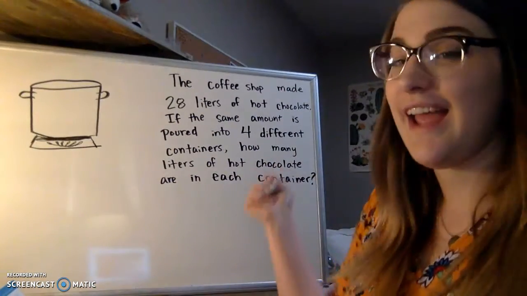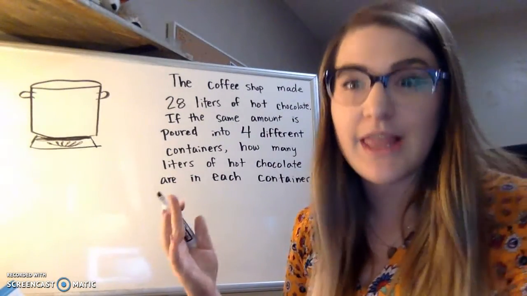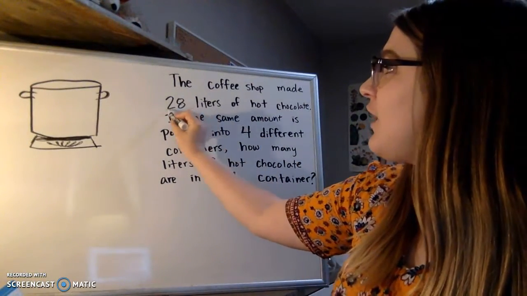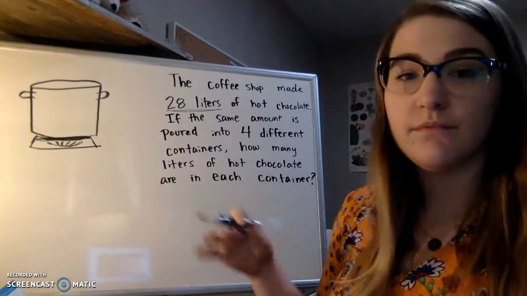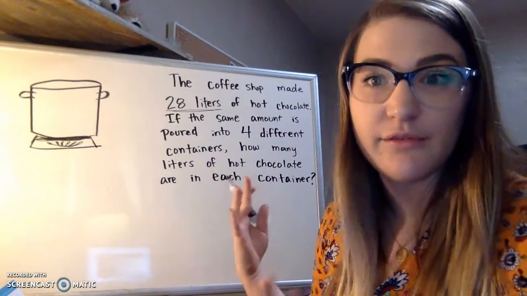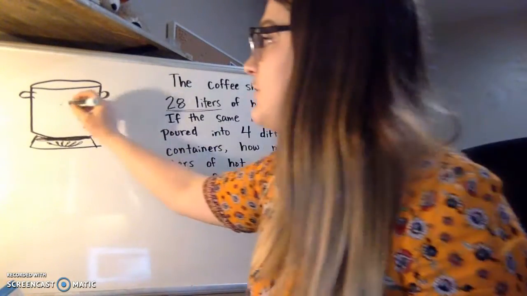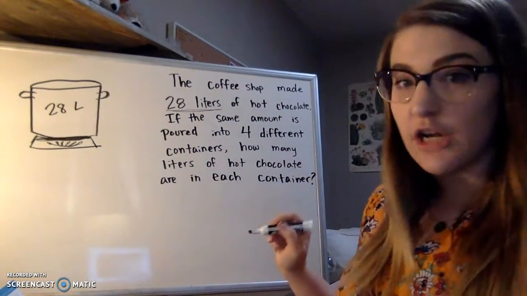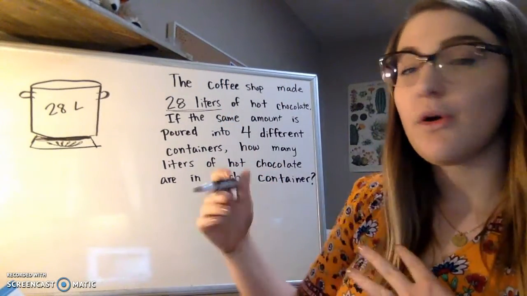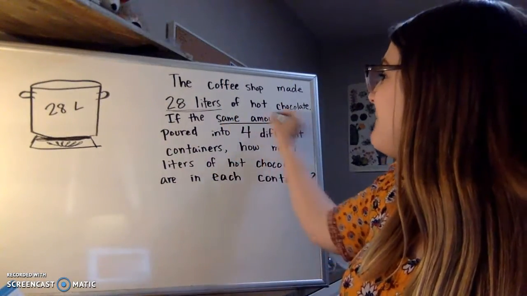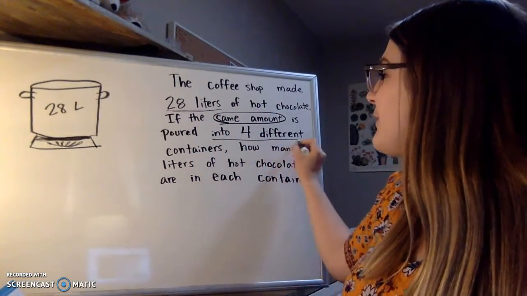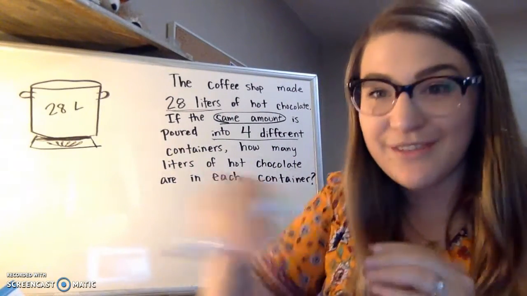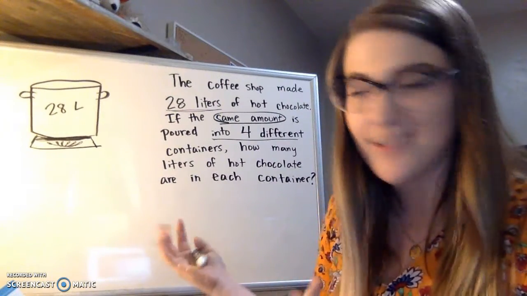Division. And the things that made me think that this was going to be division is that we have our total number of liters of hot chocolate given to us. So this is 28 liters of hot chocolate, and it's saying that they're pouring the same amount into 4 different containers. So, sounds to me like we're dividing it into 4 equal parts.